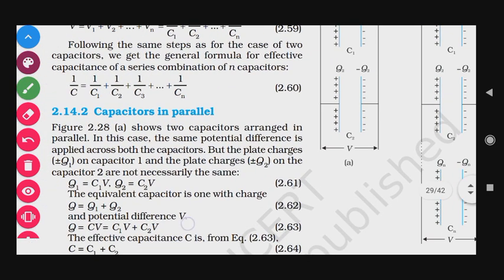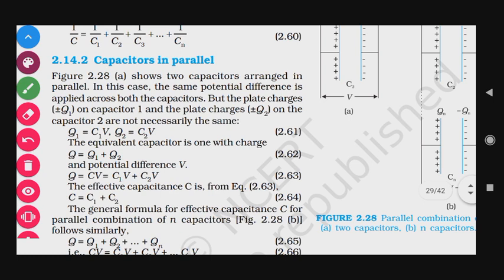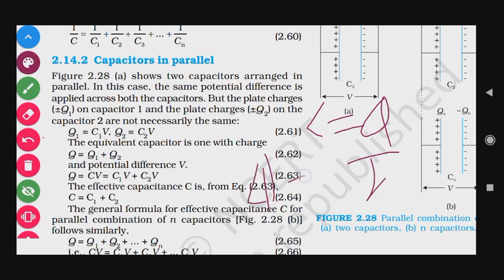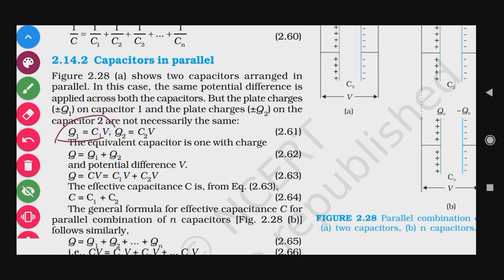From the basic definition of capacitance, C is equal to q by V, so q is equal to C times V. For the charge on the first capacitor, q1 is equal to C1 times V, because the potential is the same in both capacitors but the capacitance is different.